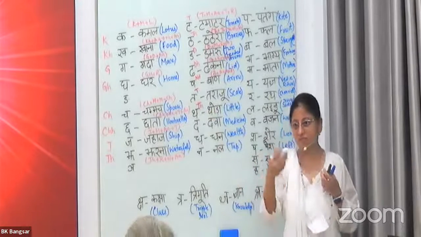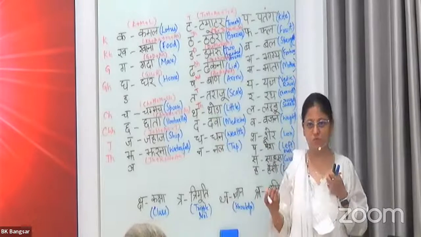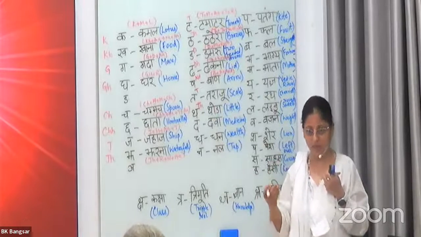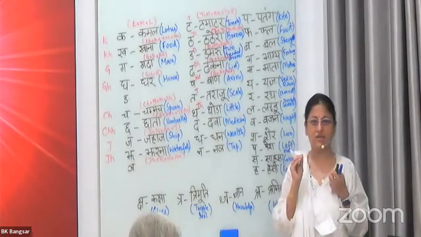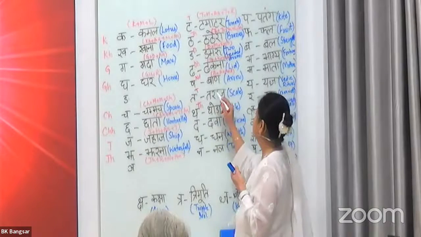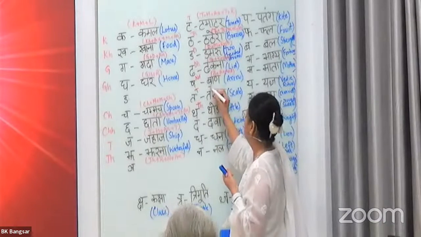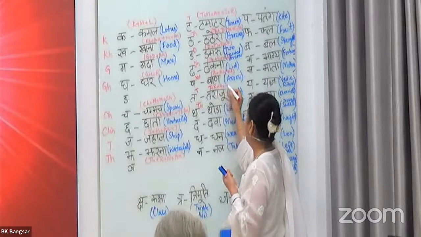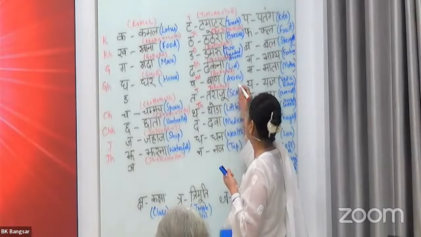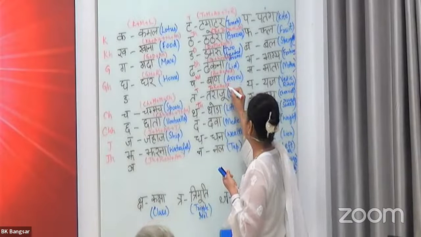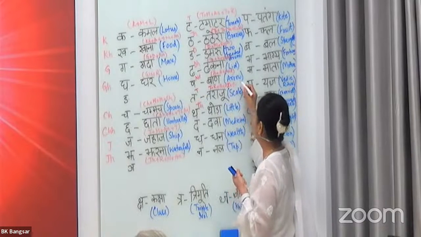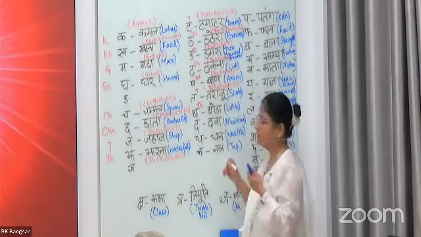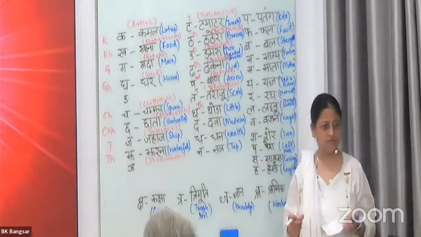Baba uses words for you a lot, like tum, tumhara, tumhe. So tarazu, the weighing scale.